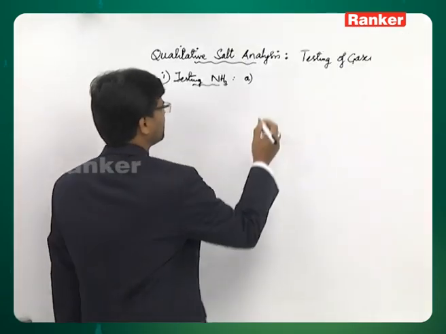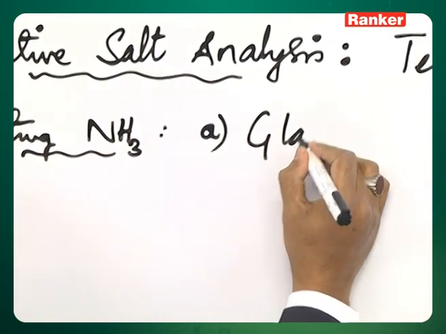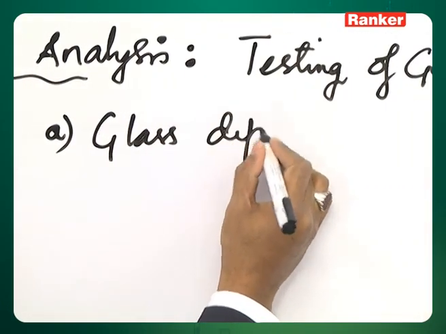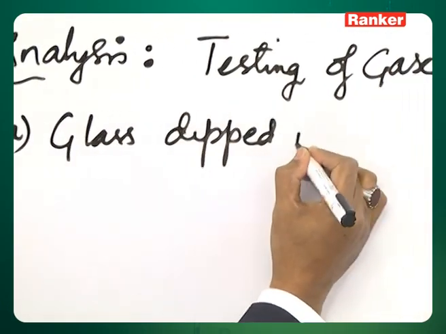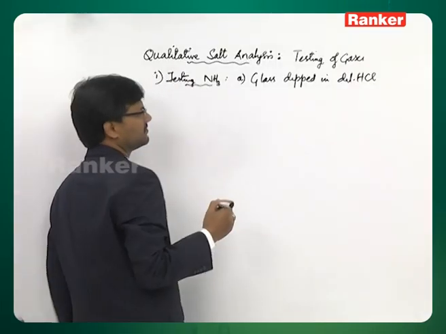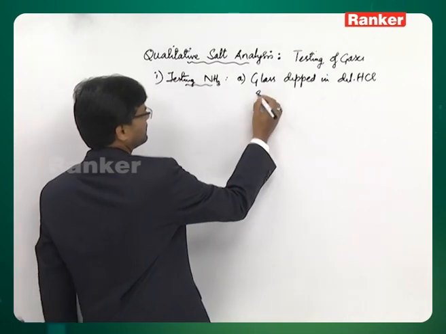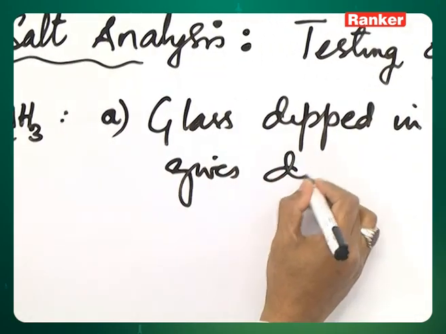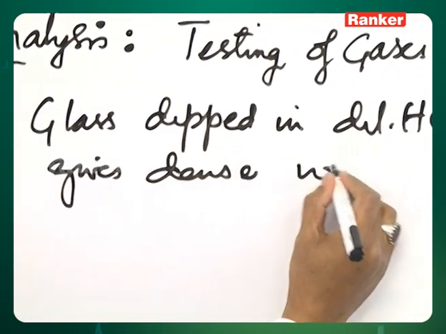Ammonia can be tested with a glass rod dipped in dilute HCl. It gives dense white fumes at the mouth of the test tube.